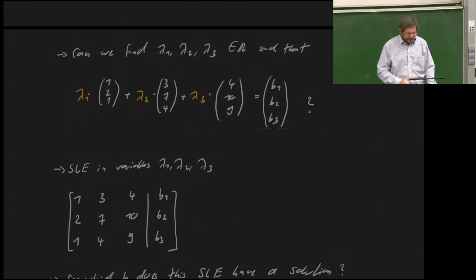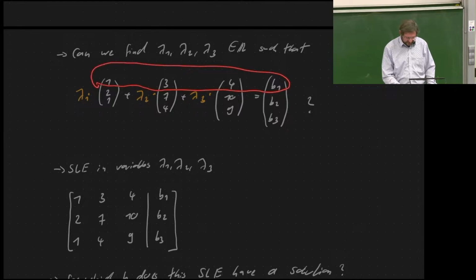If you read this row by row, you see this is actually a system of linear equations. The first row is lambda 1 times 1 plus lambda 2 times 3 plus lambda 3 times 4 equals b1, and you get the same thing for the other two rows.